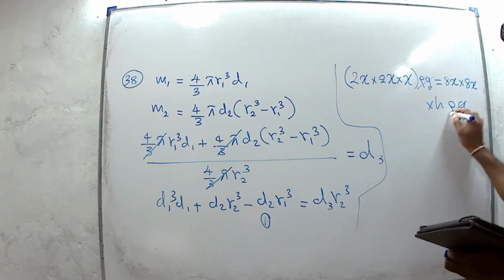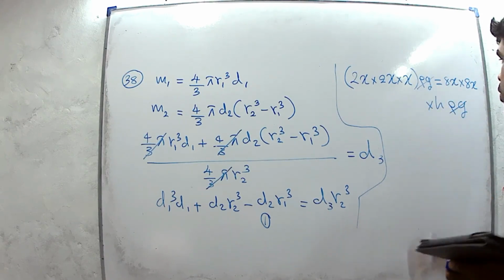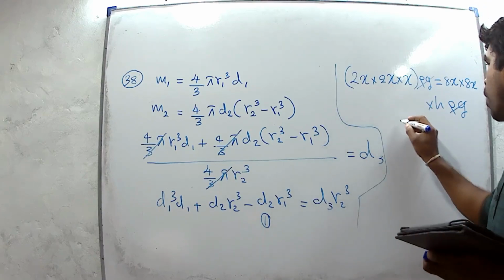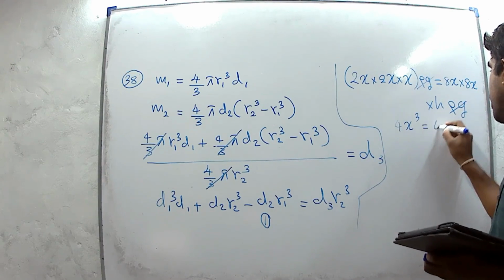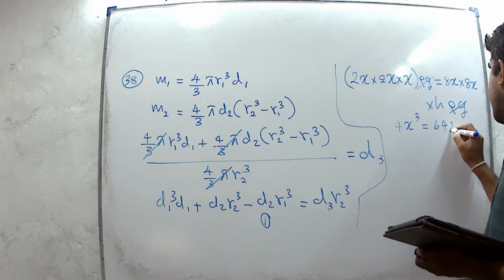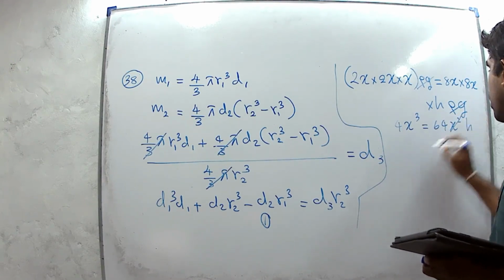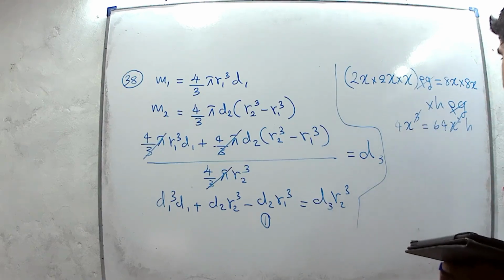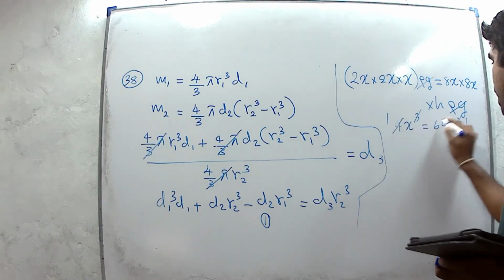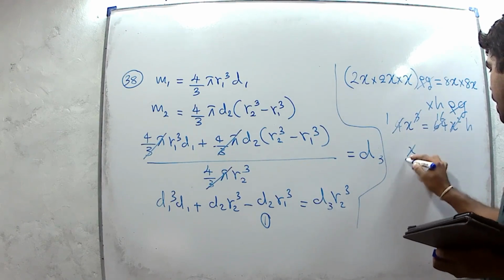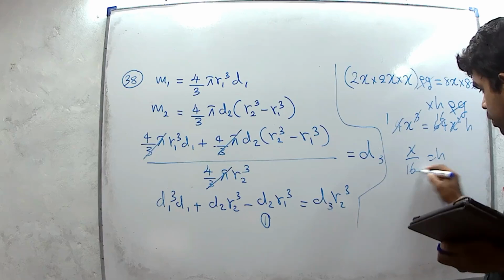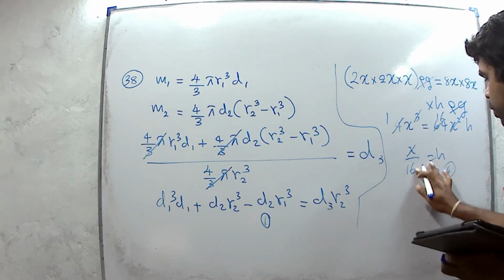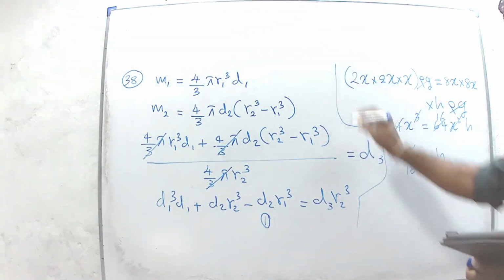We can cancel out rho g. 2 into 2, 4 x cube equals 8 into 8, 64, x squared h. We can cancel out x squared. 4 divided by 4, 1, over 16. So x over 16 is the immersed height. The fourth answer is the correct answer for question number 39.